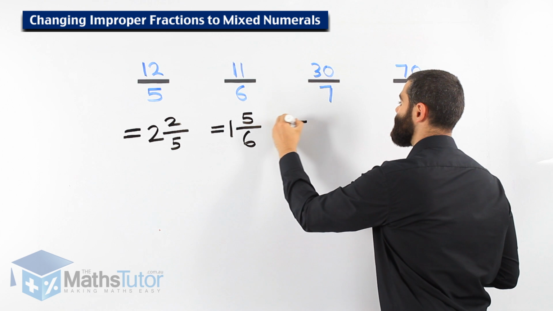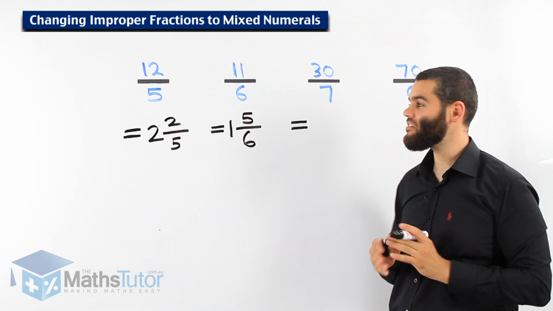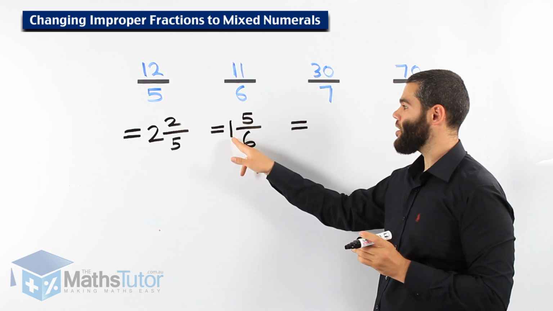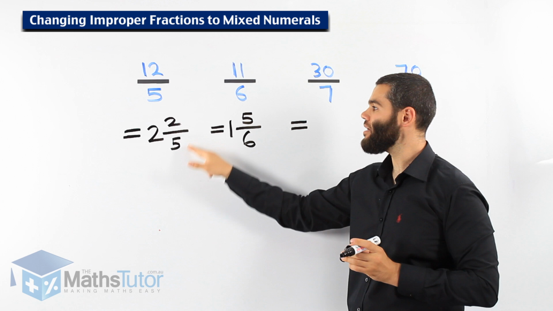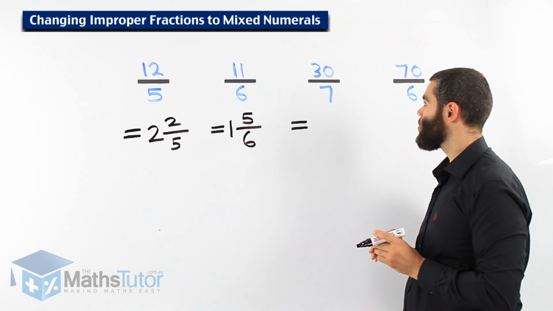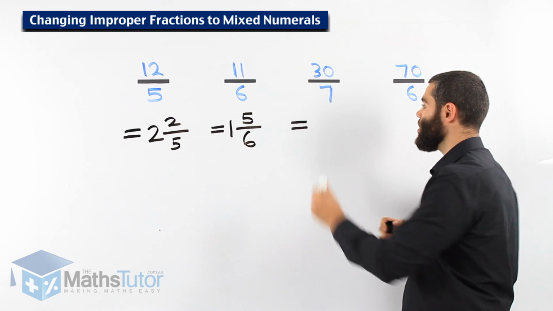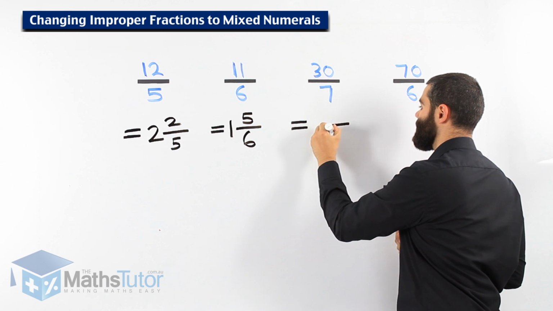This here, 30 over 7 is improper. We want to write it as a mixed numeral. Mixed, a whole number and a fraction. Let's write it as a mixed numeral. We ask, how many 7s go into 30? We need to know our times tables.